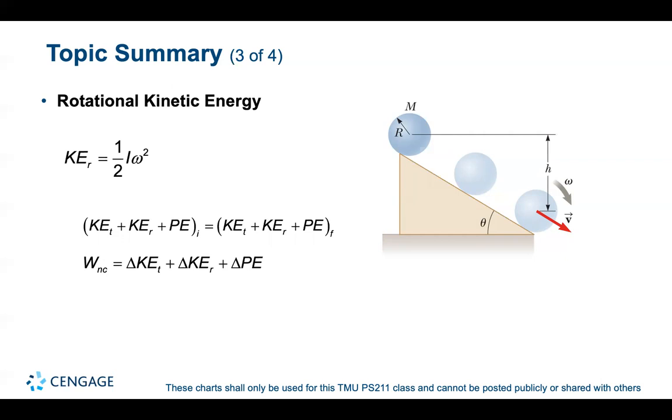All these forms of energy must be included in the equation for conservation of mechanical energy for an isolated system, where i and f refer to initial and final values respectively. When non-conservative forces are present, it's necessary to use a generalization of the work-energy theorem.